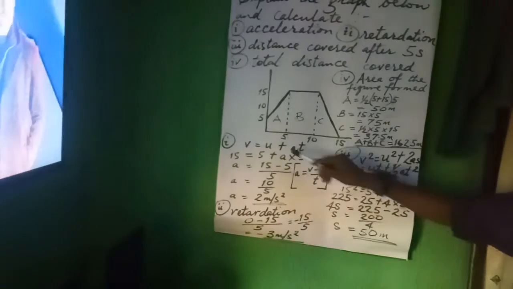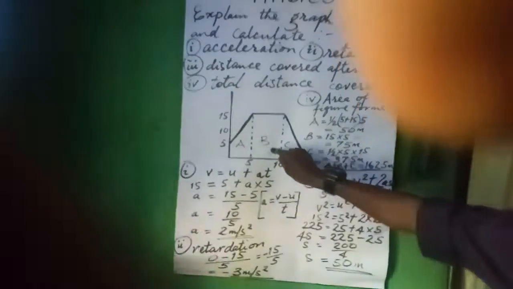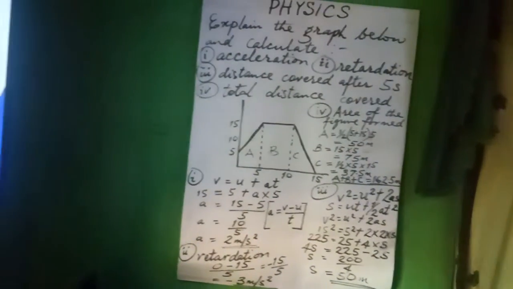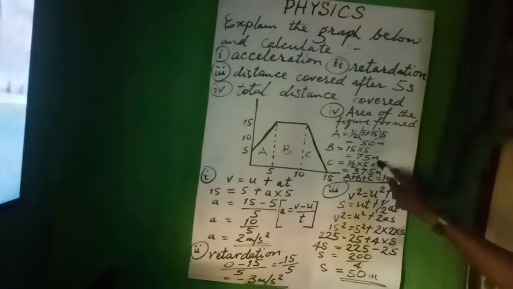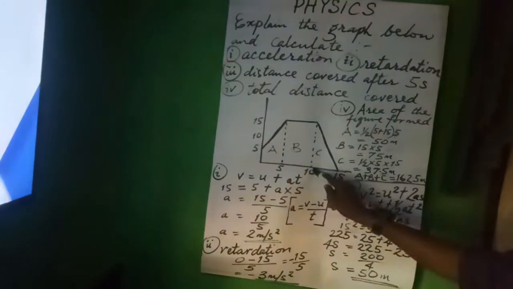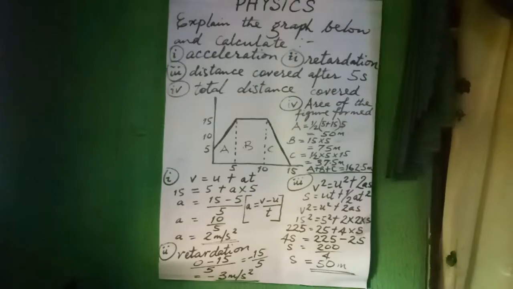And when we find this, we are going to have 50 meters. Then part B will give us 15 times 5, that is 75 meters, which is the area of a rectangle. 15 times 5, 75 meters.